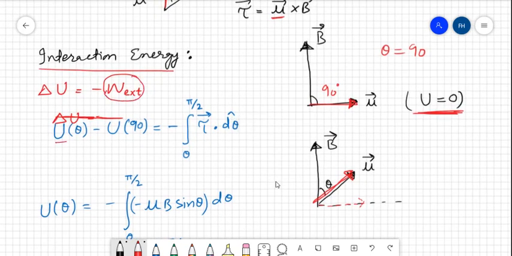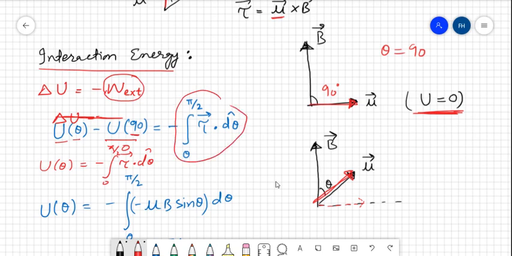I can write the change in energy as U at any angle theta minus U at 90 degrees. Since U at 90 is 0, U of theta will simply be minus the integral from 0 to pi by 2 of torque dot d theta. This is the angular work.